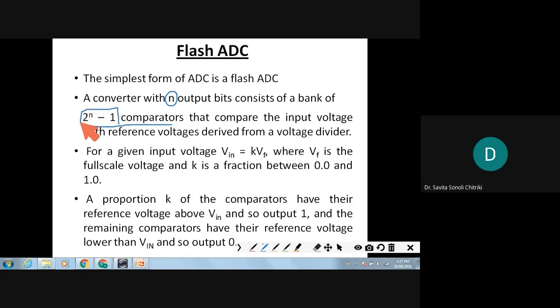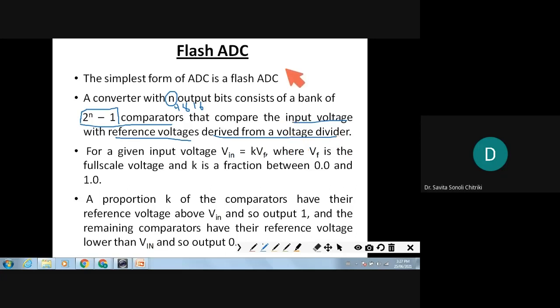N output bits in analog to digital could be 4 bits, 8 bits, 16 bits depending on that. So 2 to the power n minus 1 comparators are needed. A converter with n output bits consists of a bank of 2 to the power n minus 1 comparators that compare the input voltage with the reference voltage derived from the voltage divider.